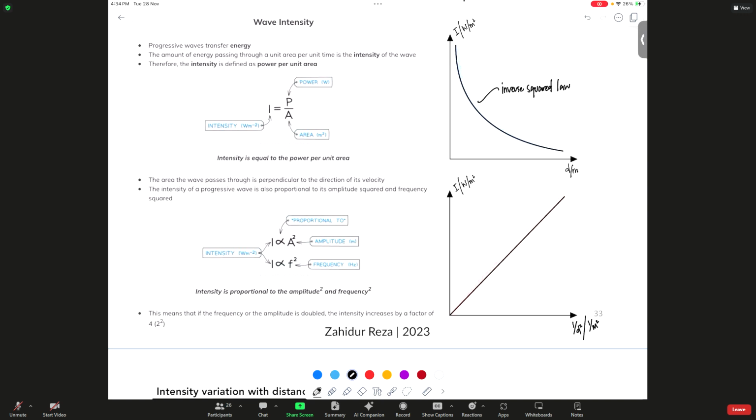Inverse square law? No. The D squared graph, because it's changing. D squared, so its square factor, and it becomes a straight line.